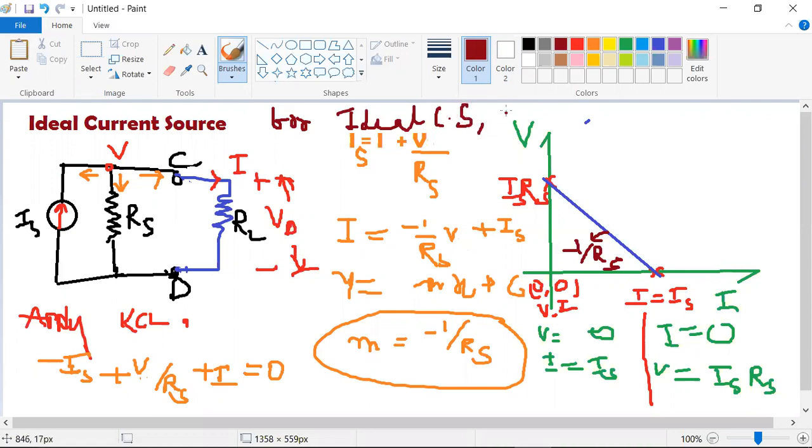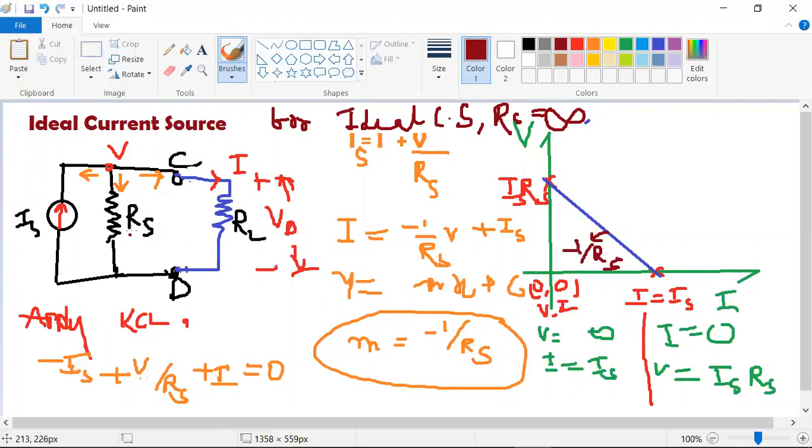When the ideal current source comes into the picture, my internal resistance Rs is equal to, sorry, not 0, infinity. Let me remove that. When my internal resistance is infinity, only in that condition will this circuit work as an ideal current source. This condition is very important.